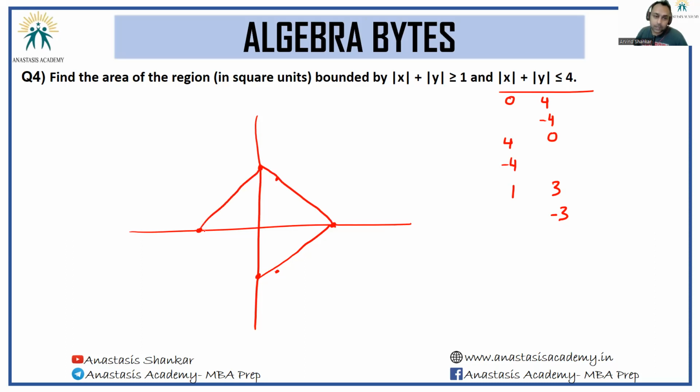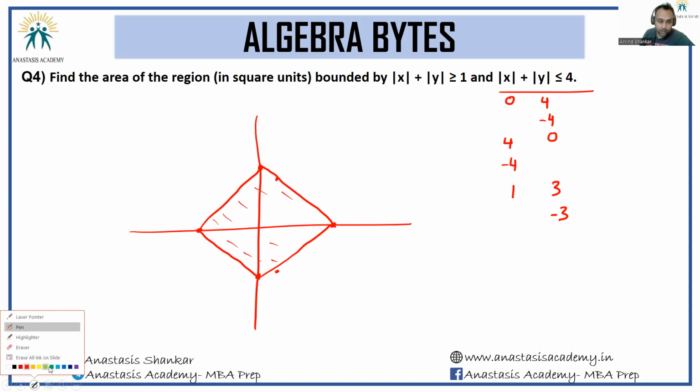It would go something like this, and it would go something like this. We would end up with a rhombus with the diagonals being 8 and 8, and everything inside would be acceptable because we are looking for less than or equal to 4.